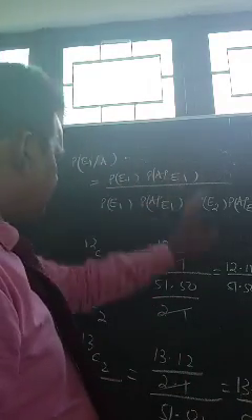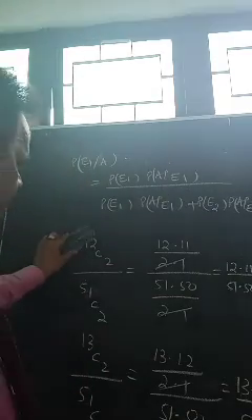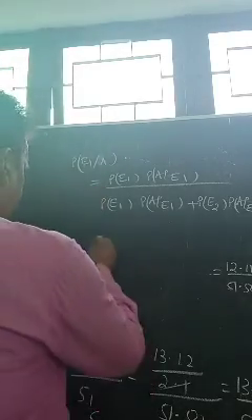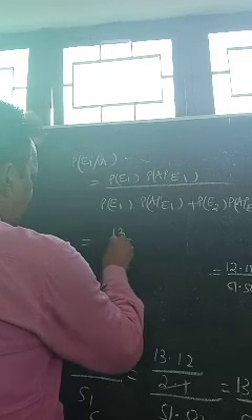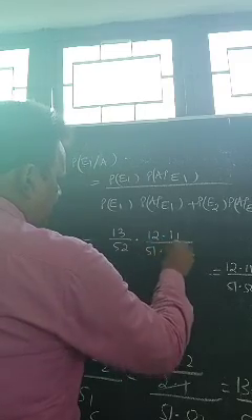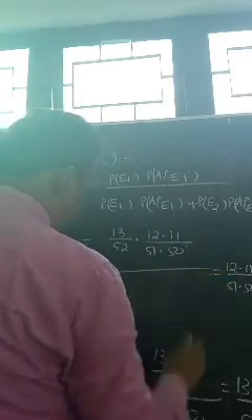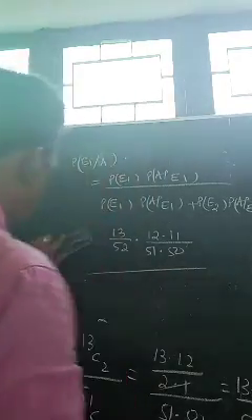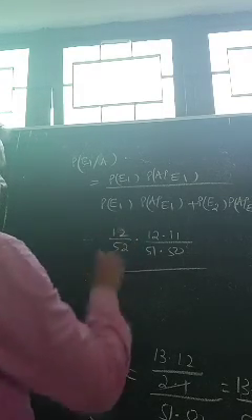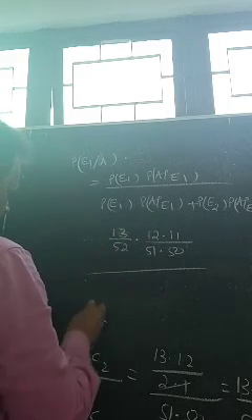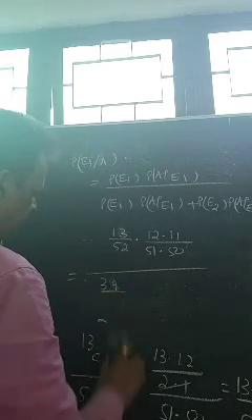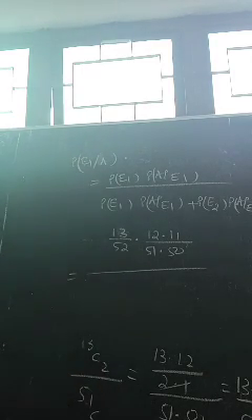So let's put these values here. So what will you get? 13 by 52 into 12 into 11 by 51 into 50, divided by two parts.